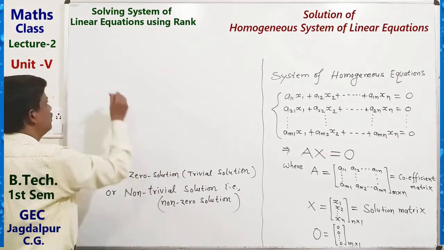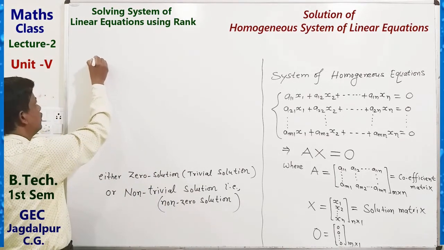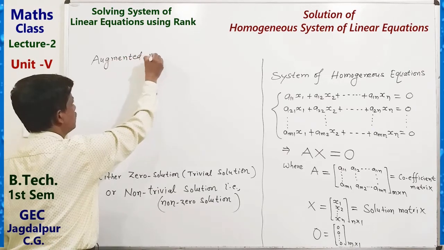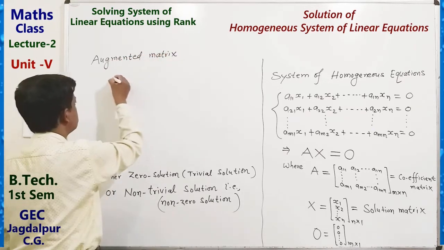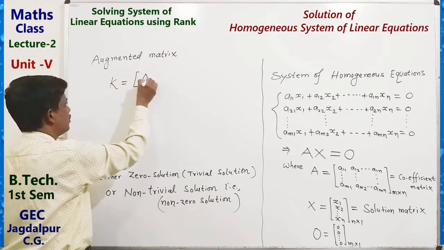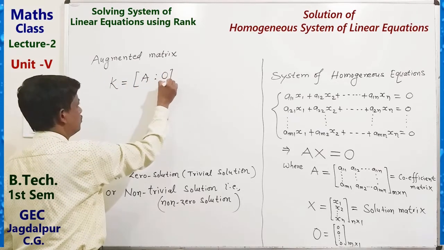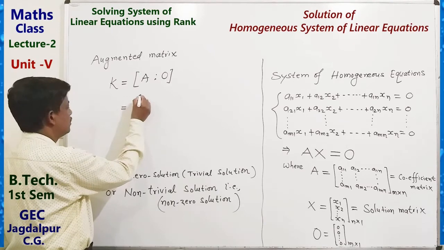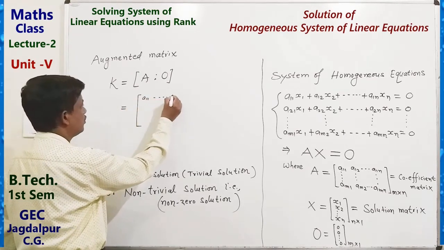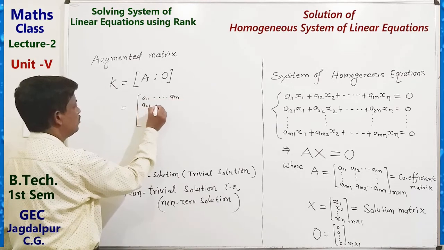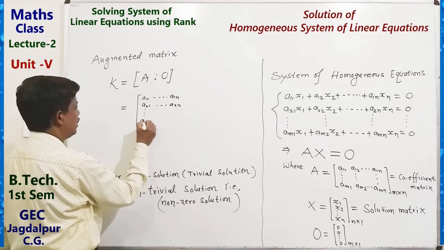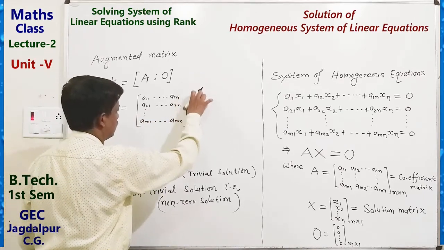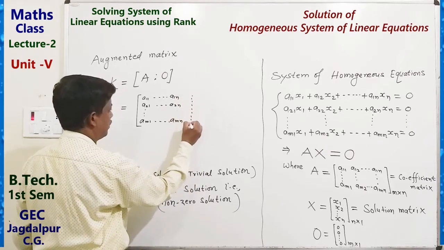For that, the augmented matrix K equals A with O, because in place of B we have the 0 matrix: the matrix a11, a12, a1n up to am1, am2, amn, and the 0 column.